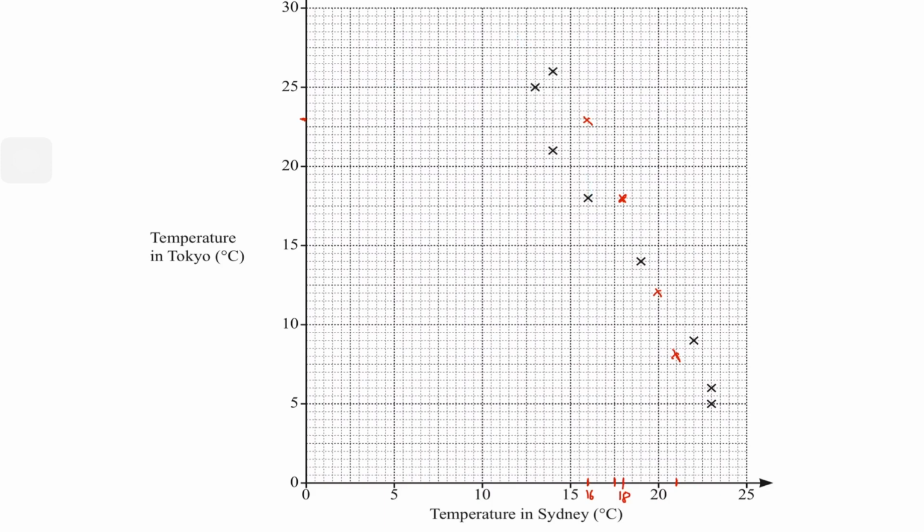Actually, let's use a different color. Let's use the color blue. Okay, let's try this out. Let's see. So we have 1, 2, 3, 4, 5 points lying below, and then we have 1, 2, 3, 4 points lying above.